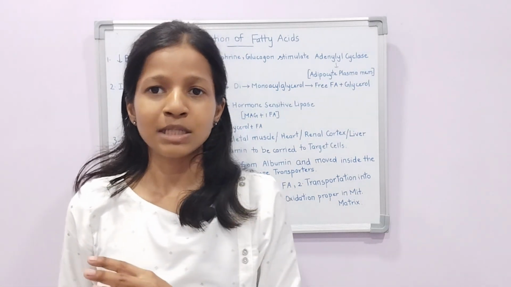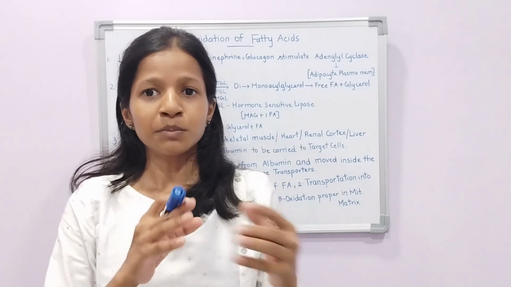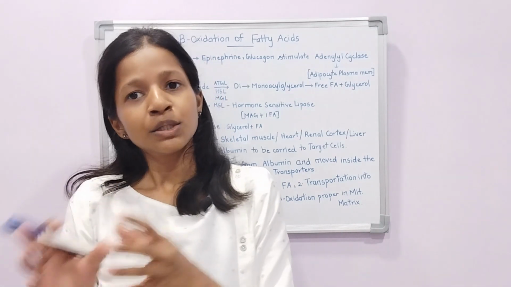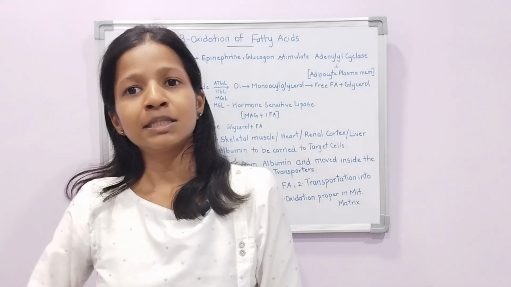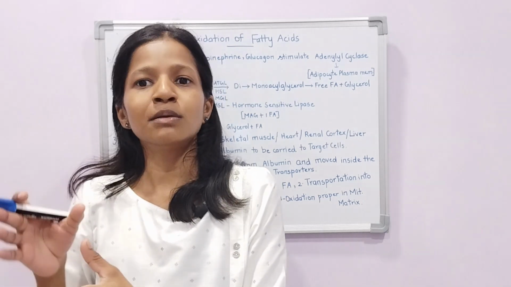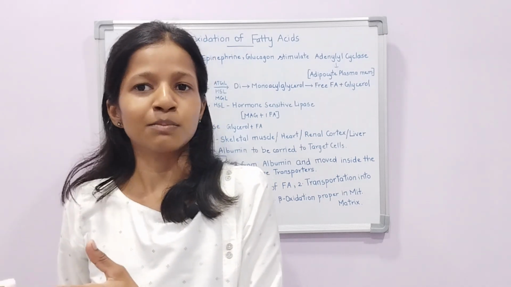detail all the steps involved, starting from the mobilization of fatty acids from the adipocytes to the free fatty acids entering inside the mitochondrial matrix, which is where the actual beta oxidation proper takes place.